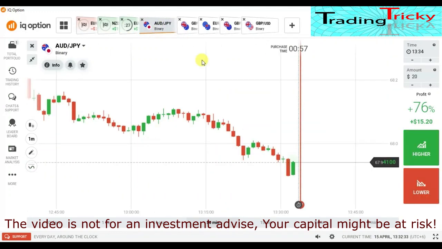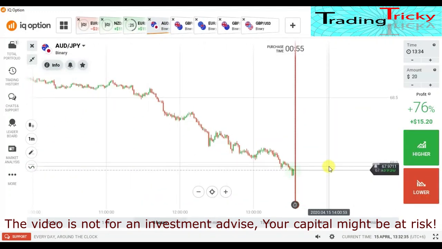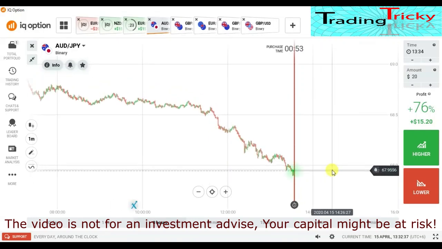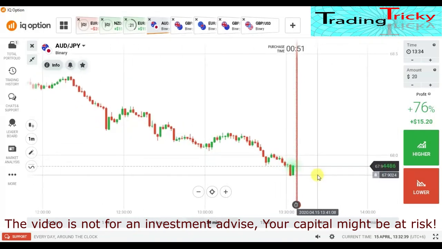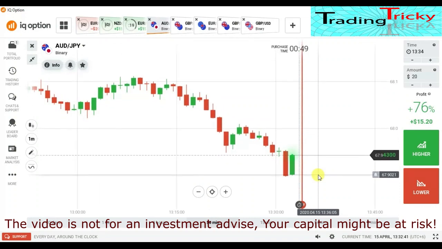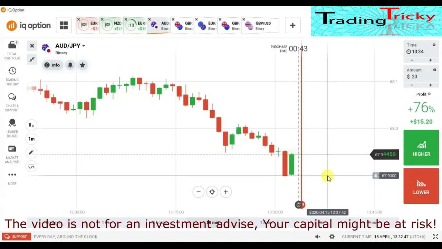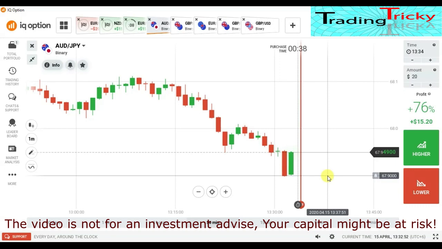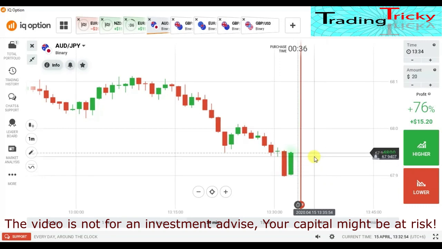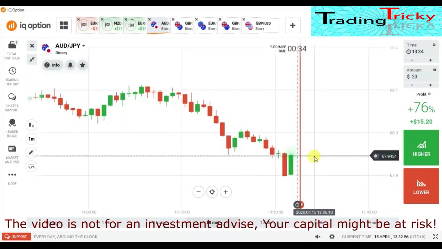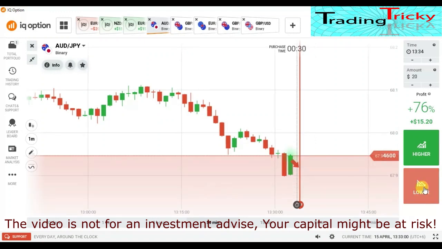So let's analyze this market. The AUD major trend is a downtrend, and we can see some strong buyers' entry from the round number, a very strong round number. Okay, I'm going to place a lower option here.